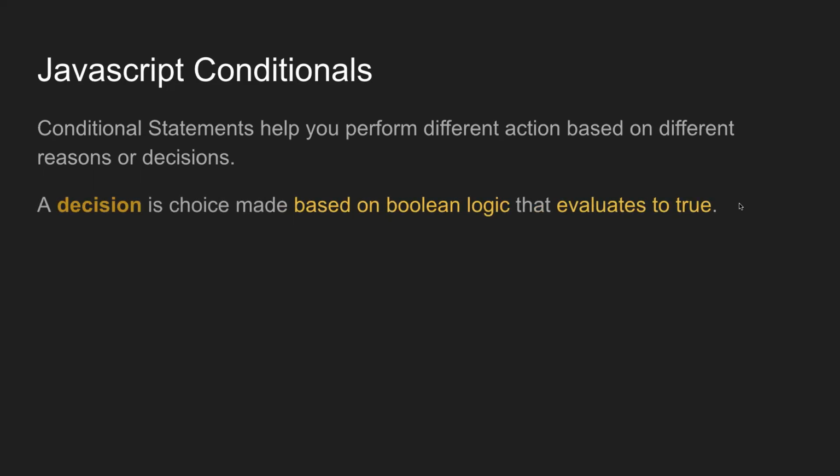In JavaScript, we really want to distill this decision-making process down to as simple as we can get it. So a decision in any language, in fact, is a choice made based on Boolean logic. That means it has to evaluate to either true or false.